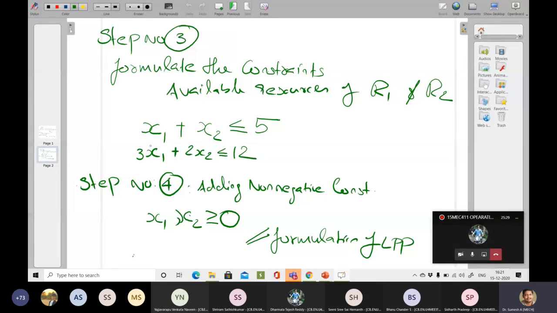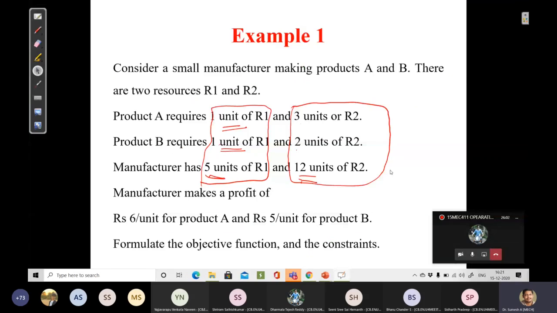Okay, so we can discuss further. Is it clear? Any doubts or any issues, we will discuss. Since this is the basis of the subject, how to formulate it, anything to be discussed or cleared, we can discuss here.